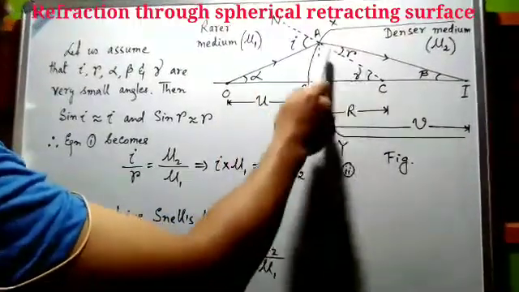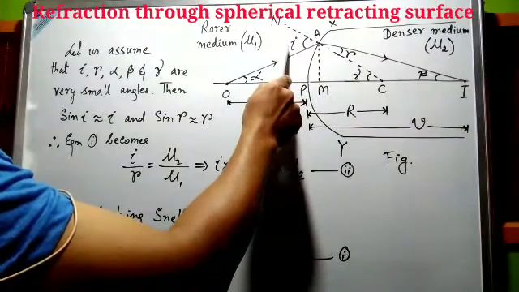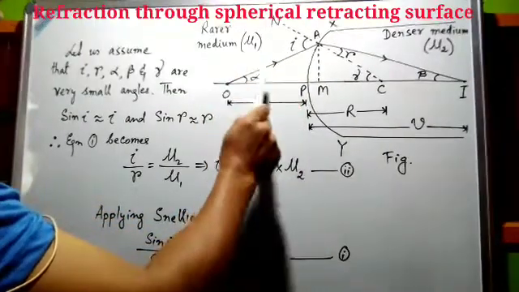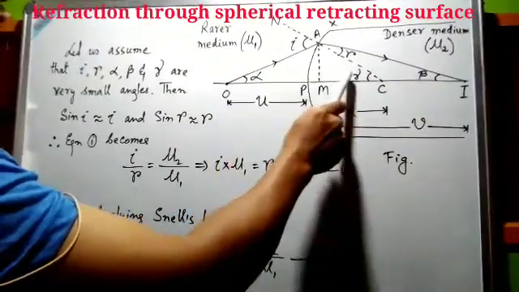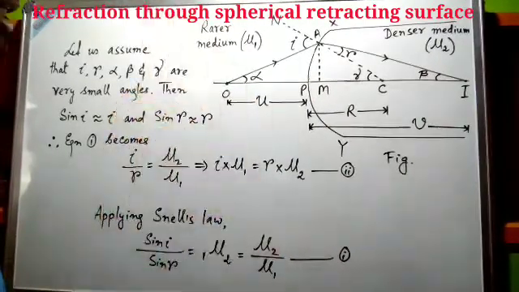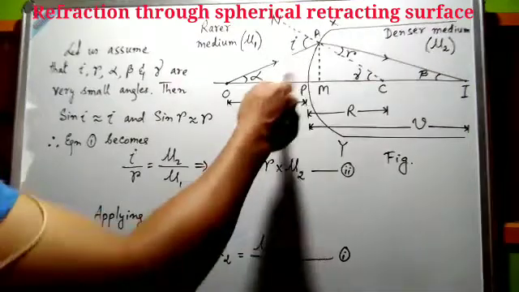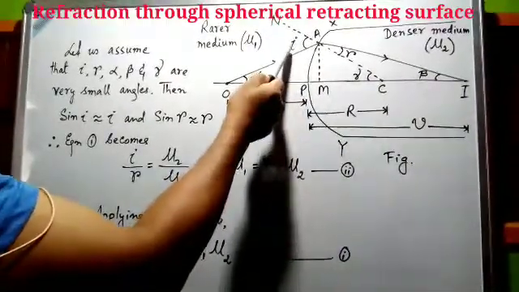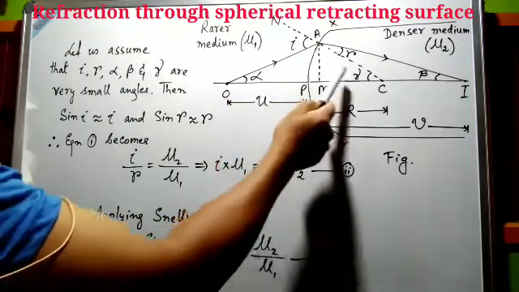In triangle AOC, angle I is the exterior angle, and alpha and gamma are the two interior opposite angles. The exterior angle of a triangle is equal to the sum of the two interior opposite angles. So from this figure we may write like this: angle I equal to alpha plus gamma.